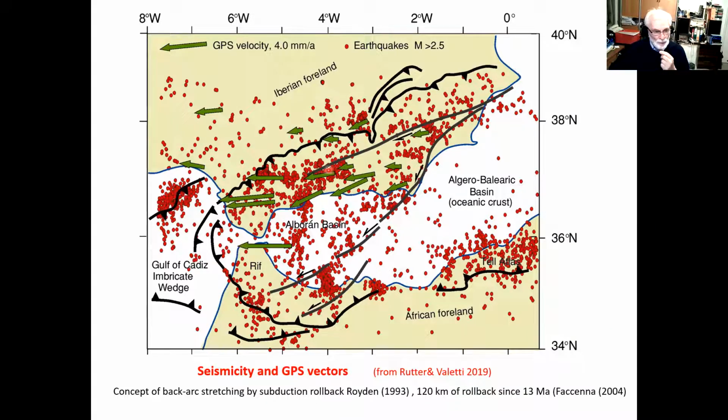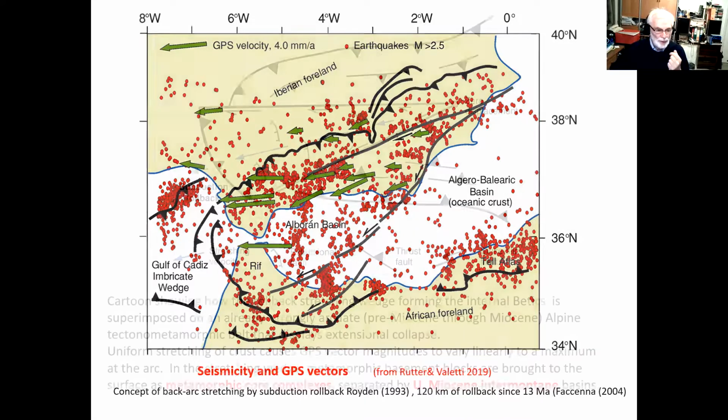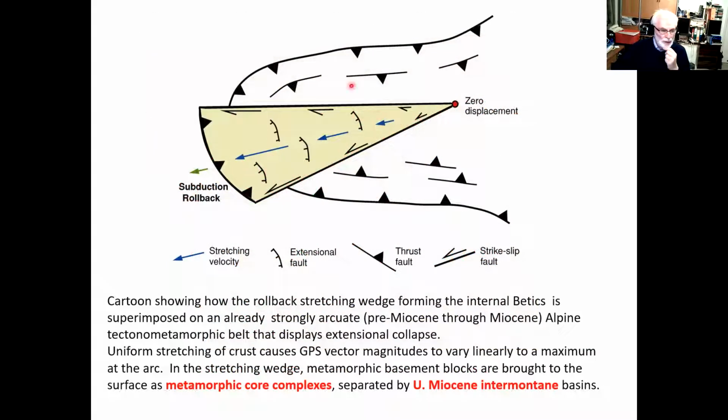This wedge-shaped region bounded by two faults is in fact superimposed on a pre-existing tectonic arc, which was already undergoing some stretching. We can illustrate that with this cartoon. This represents the pre-existing pattern of overthrusting to the north and to the south.